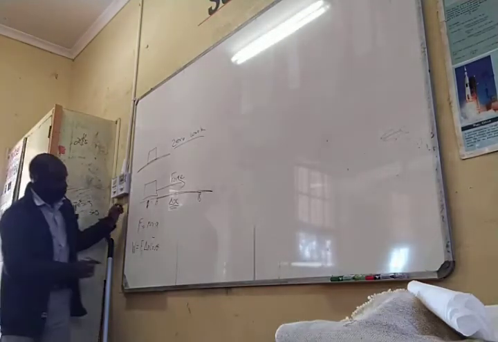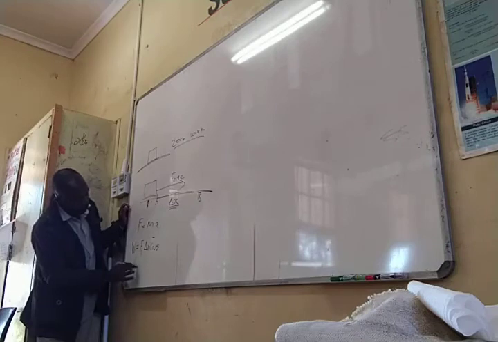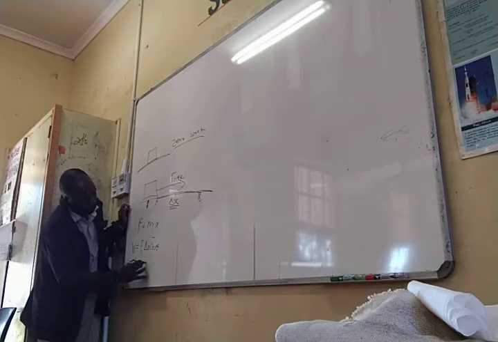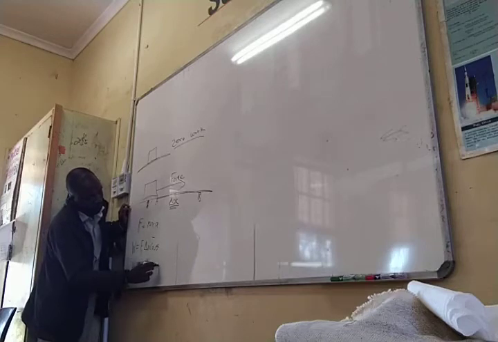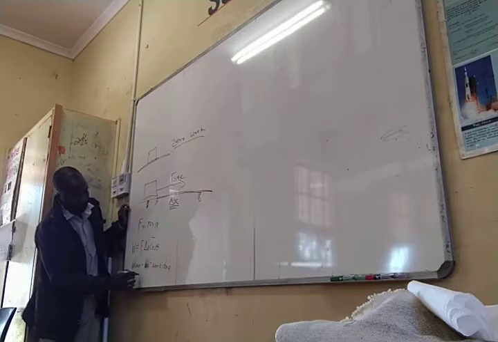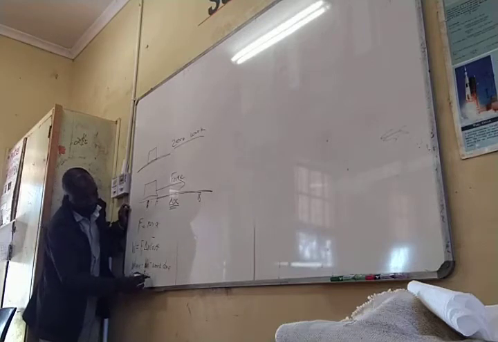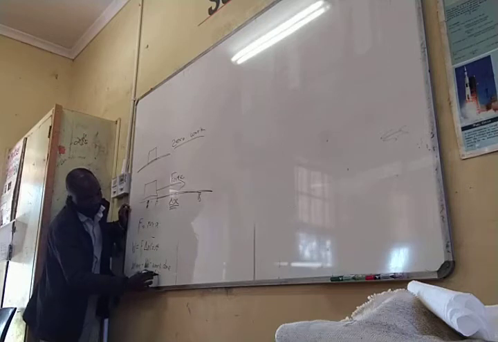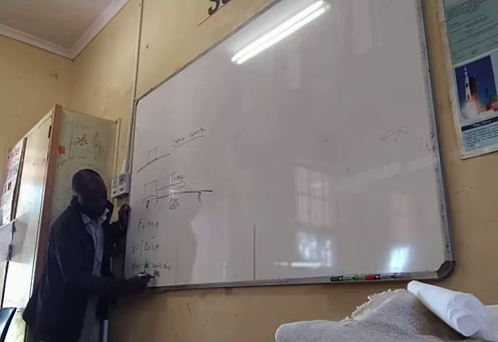So in this case, W stands for what? Work done again. And then you have delta x, we say is what? Distance. Sorry, it's a displacement.